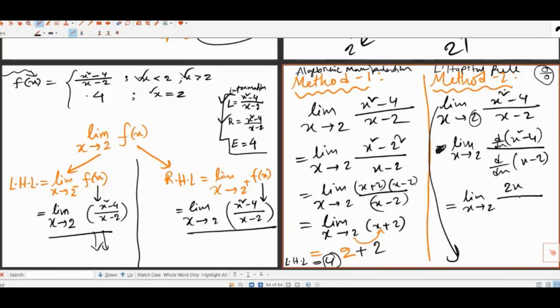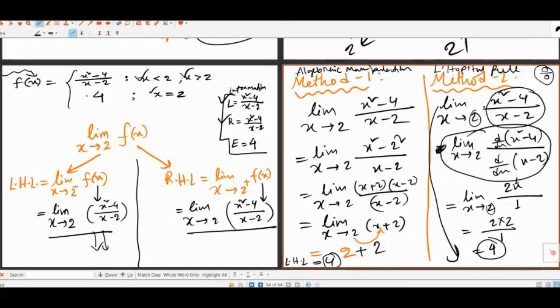Differentiation of 4 is 0. In the denominator, differentiation of x is 1. Now input 2 where we have x. So 2 times 2 by 1 is 4. So L'Hopital's rule says that the main function has the same limit as x tends to 2, which is also 4. This is what L'Hopital's rule is.